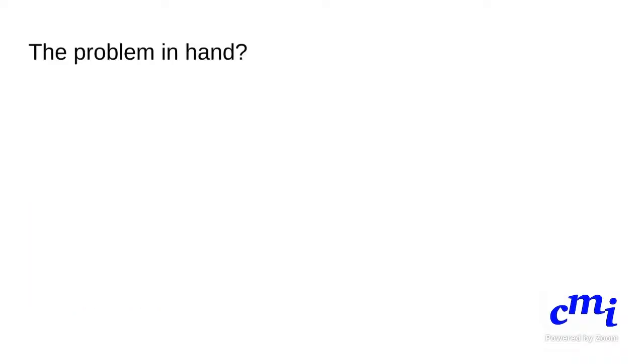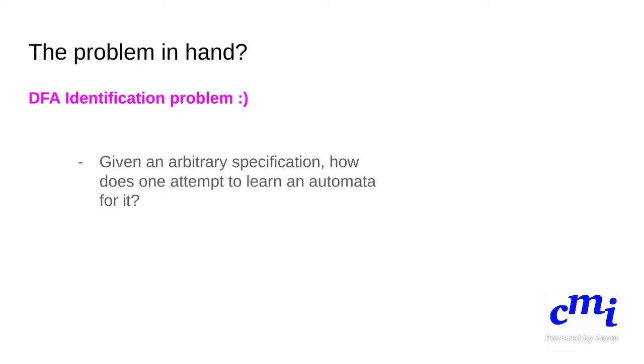Yeah. So the problem at hand right now is called the DFA identification problem, which is a very fundamental problem that a lot of us have come across in a theory of computation class.